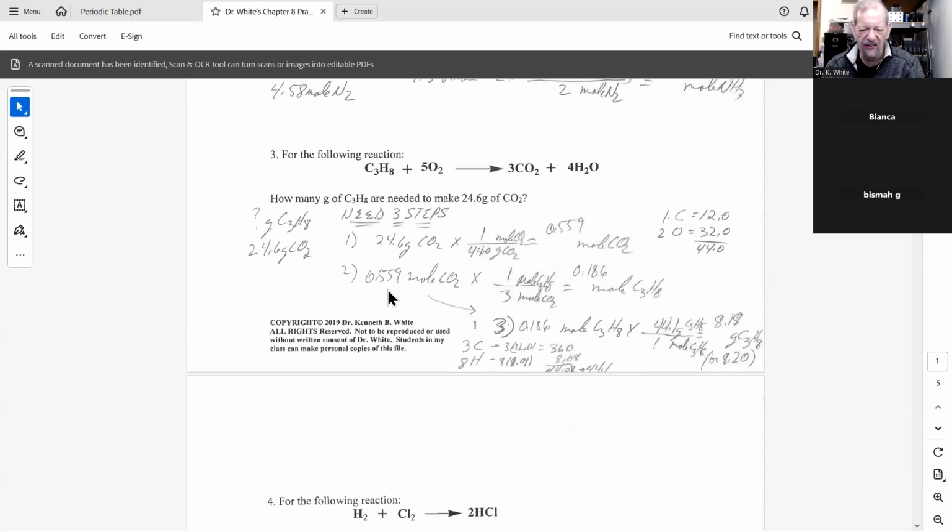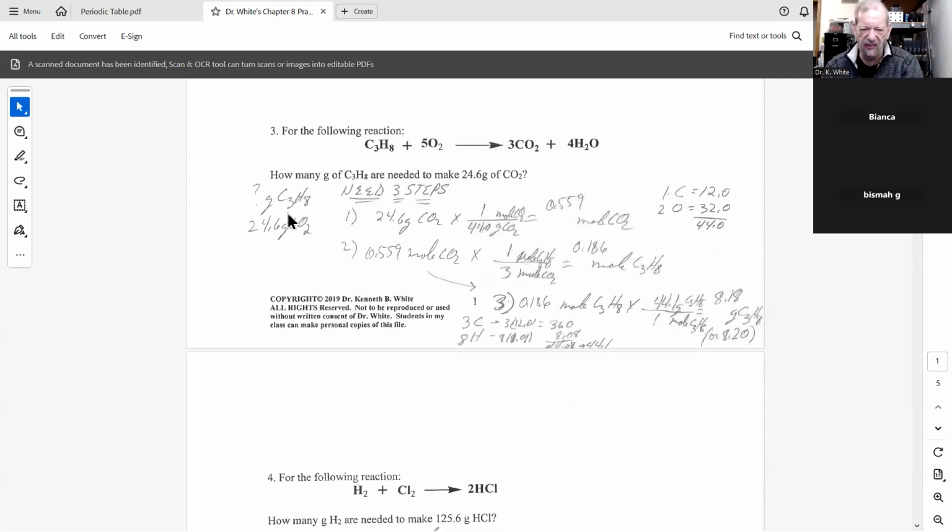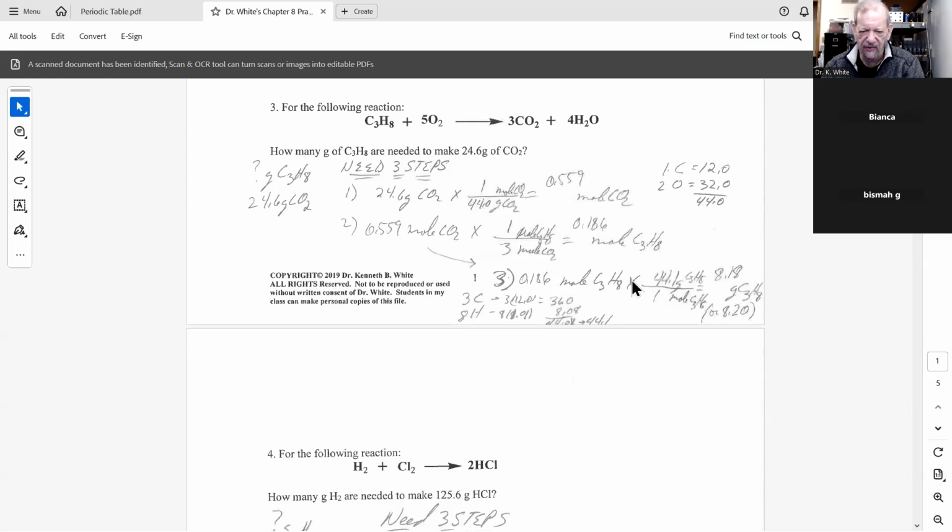So 3 significant figures, 1 exact number, 3 significant figures. Notice moles of CO2 divided by moles of CO2 cancel out, and you get moles of C3H8. Now, the third step is because we want grams of C3H8, not moles.